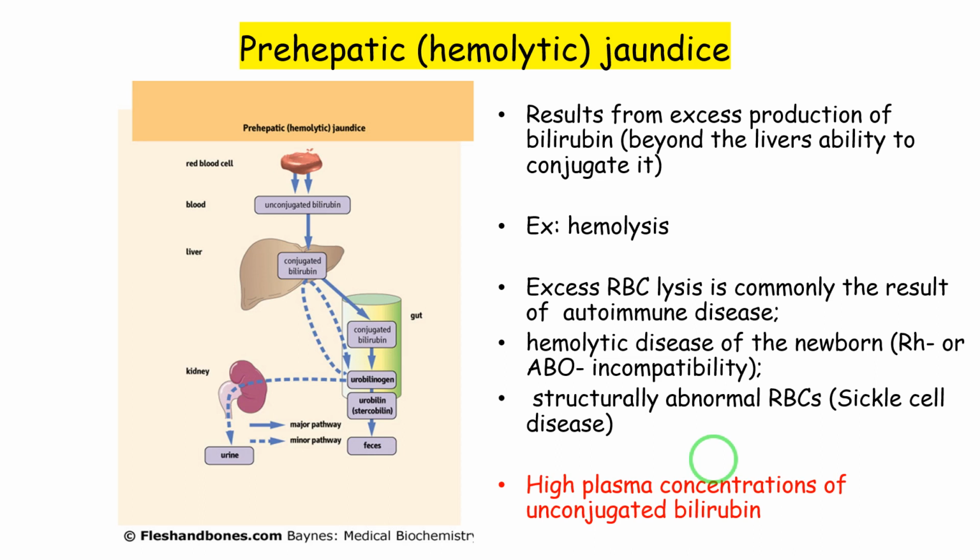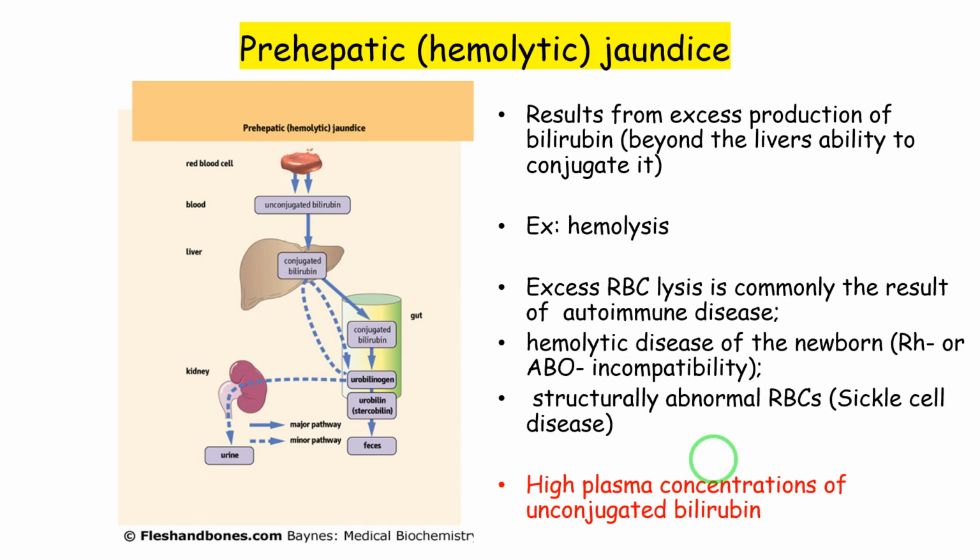In this case, the liver is usually normal, and there is no obstruction, and all the processes that occur in the liver are also normal, but there is overproduction, so it takes time until the liver can deal with this excessive amount of bilirubin.